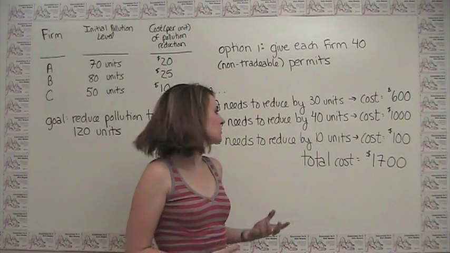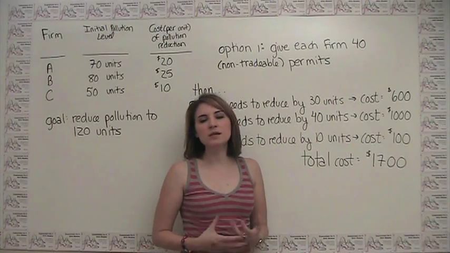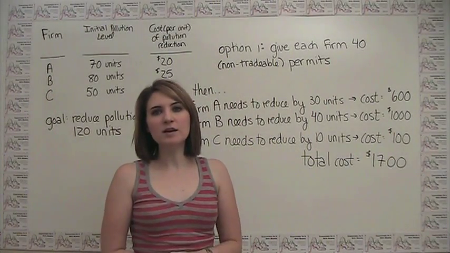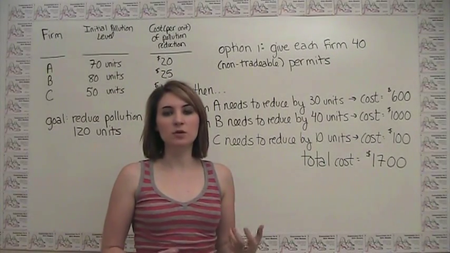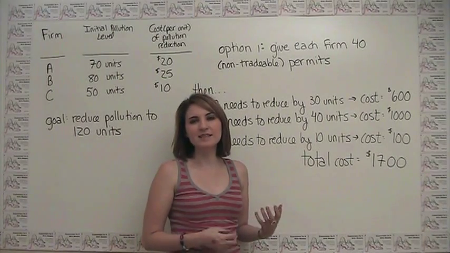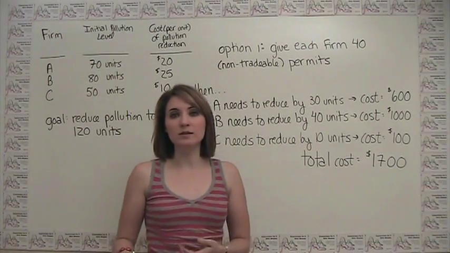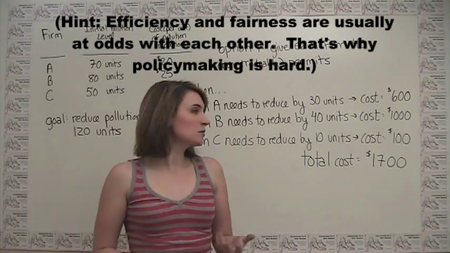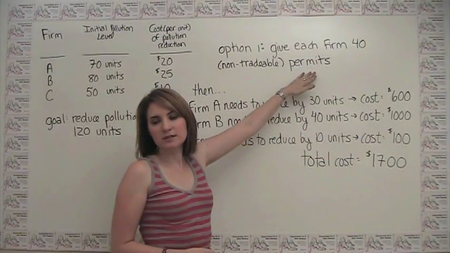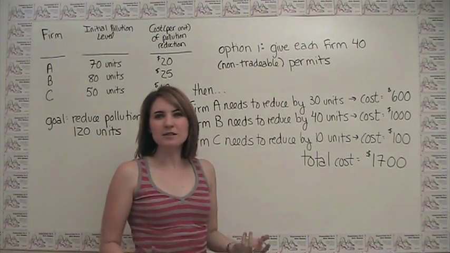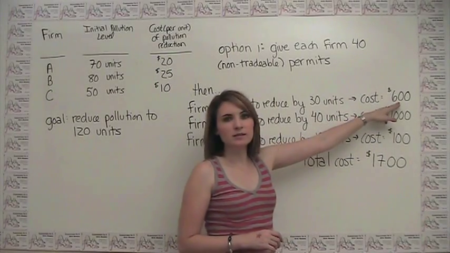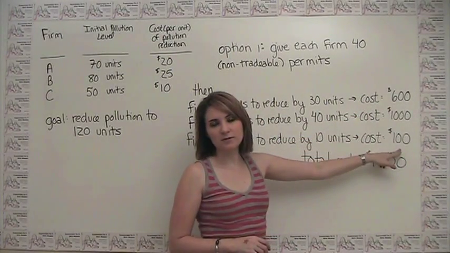Economists are generally only really concerned about efficiency because it's something that is comparatively easy to measure. But when we're talking about any sort of political decision or policy case, it's also relevant to think about, well, is this fair? Is this going to go over well in a political arena? So we can see here that by allowing each firm to pollute the same amount, which on the surface may seem kind of fair, we're actually imparting different costs on different firms.